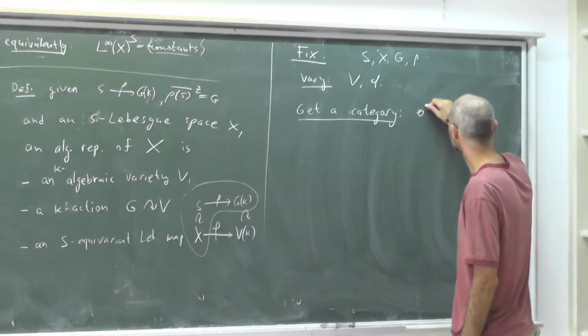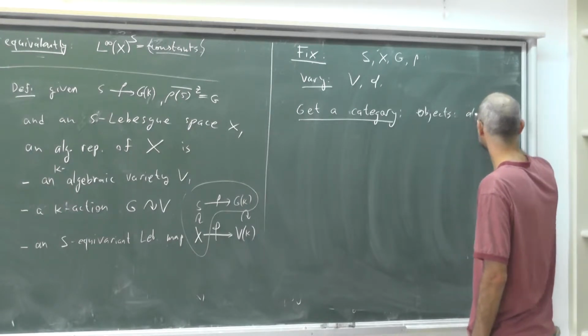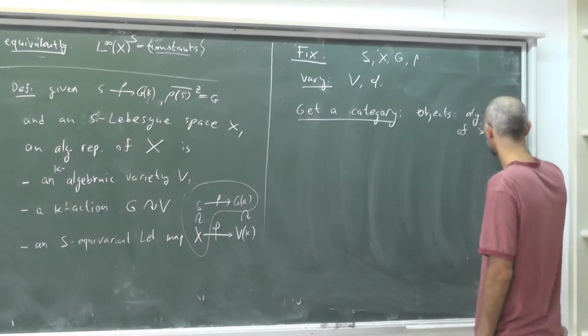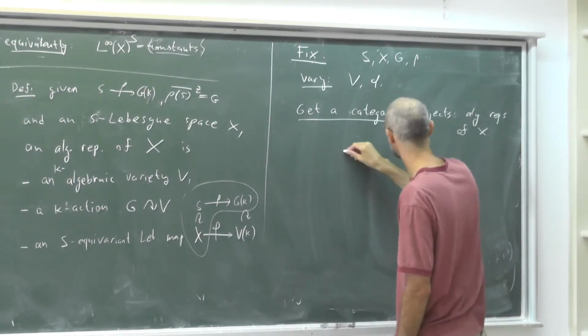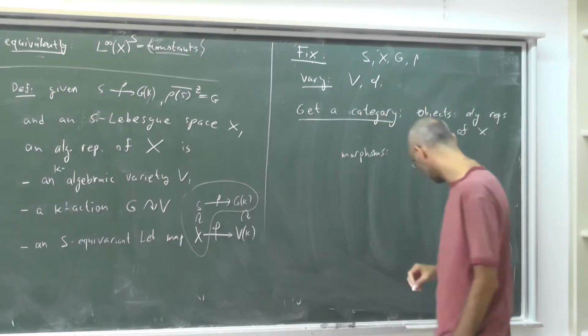Elements or objects are the representations, and morphisms are the following.